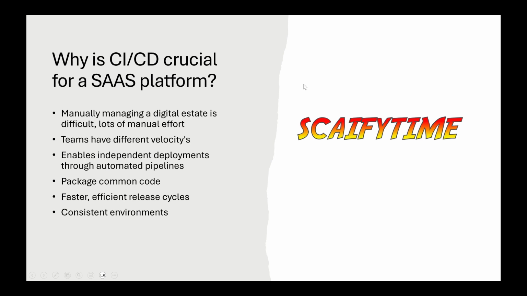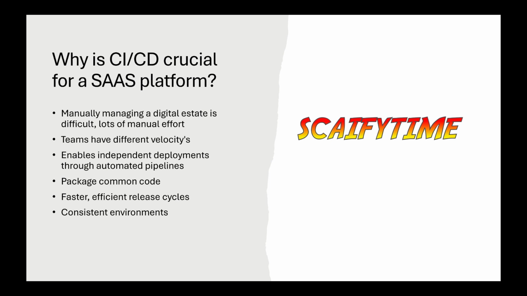So why is CI/CD crucial for a SaaS platform? Any platform, really. As I mentioned in the previous slide, managing deployments for a digital estate that comprises microservices and micro front ends is tricky. Adding in the manual effort and tracking of deployments, it just becomes fraught with danger and ends up a bottleneck.